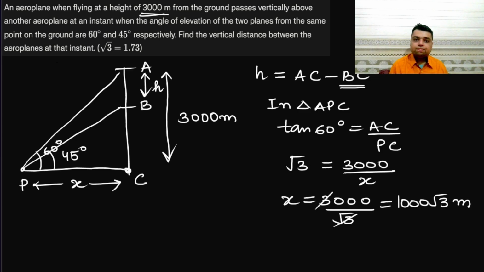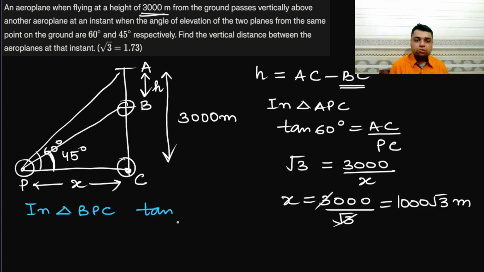This is in meters. So we get the value of this x. Now we'll talk about this triangle BPC. We have 45 degrees here, right? So in triangle BPC, tangent we are going to use, because BC I need to find, x is already given, right?